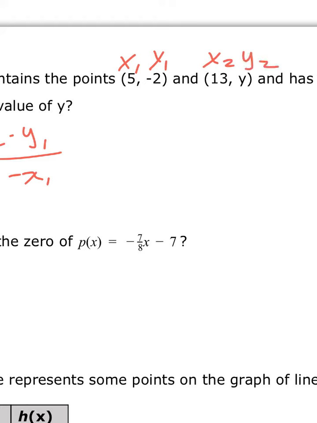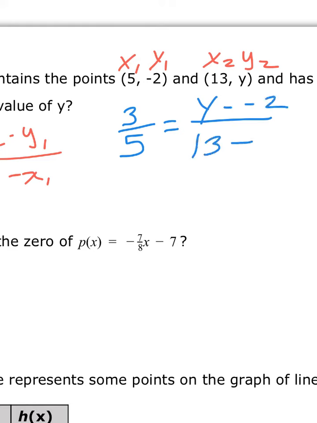There's my m, right? Nope, slope. M. So 3/5 equals y minus a -2 over 13 minus 5.